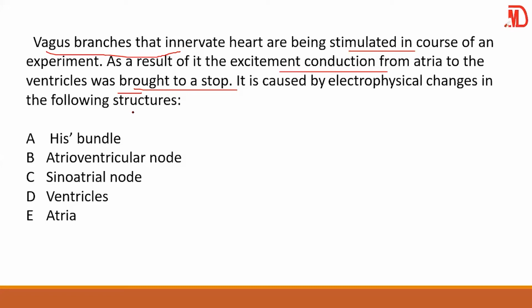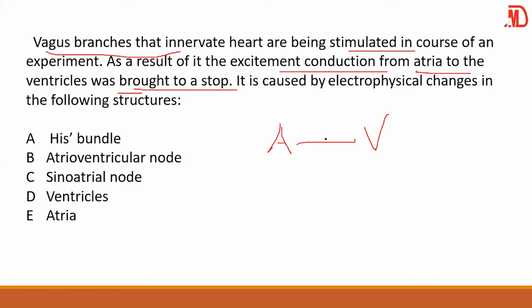Look at it: the excitement conduction from the atrium to the ventricles. If you have the atrium here and the ventricles there, what is in between them? What is the engine there? It is the AV node.